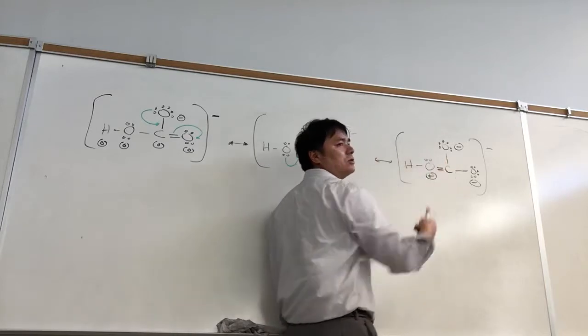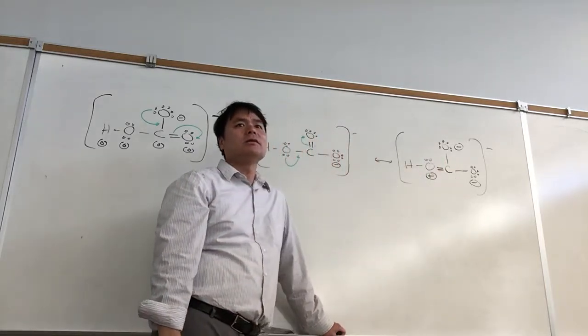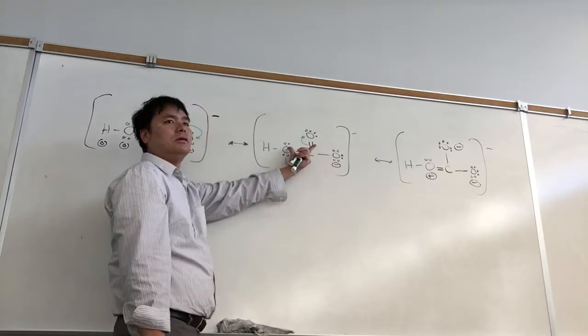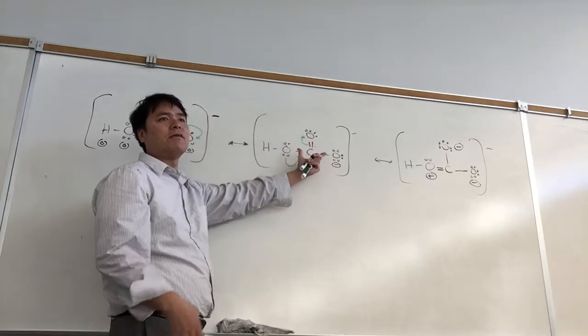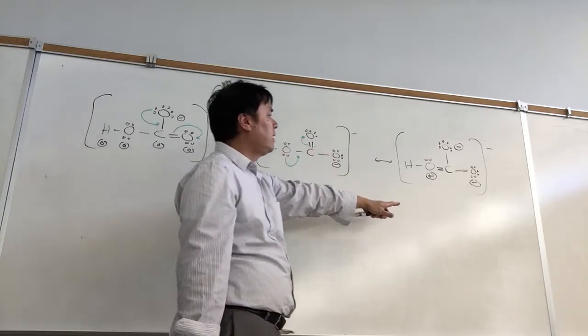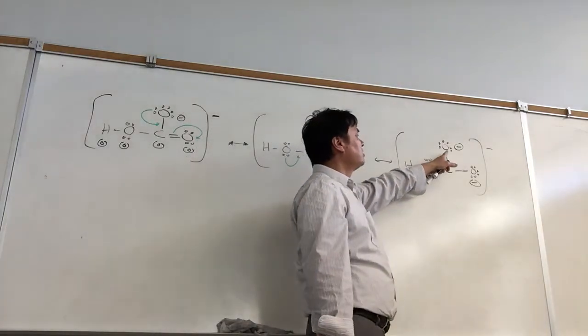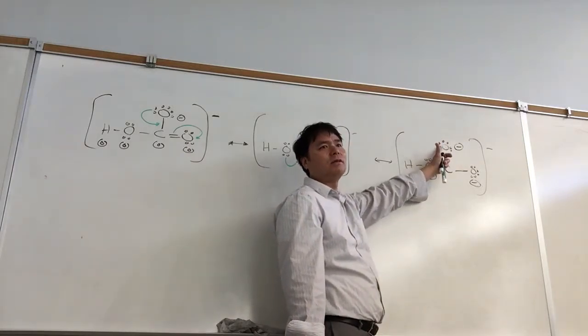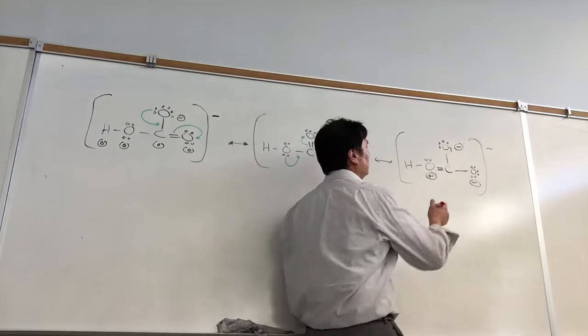Compared to this, the 2 oxygens are 0 formal charge. They each have 6 electrons. But now we go here, this one has 5 electrons, this one has 7 electrons. Why does this one lose 1 and this one gain 1? And so this is not good.